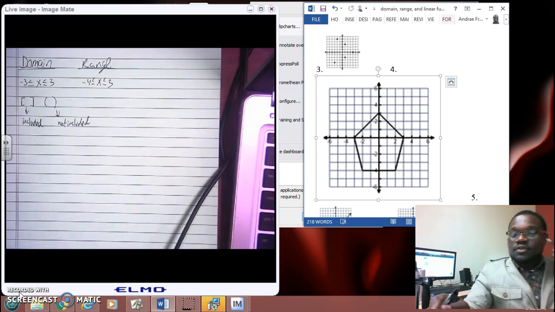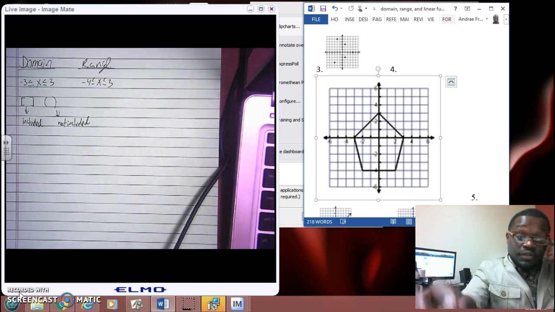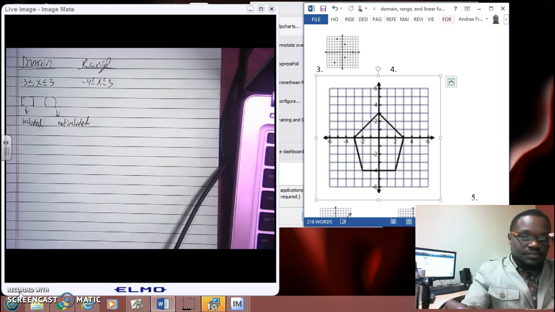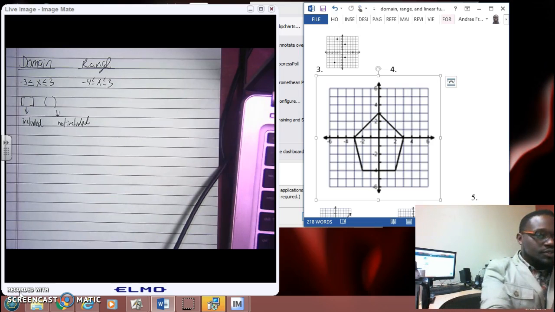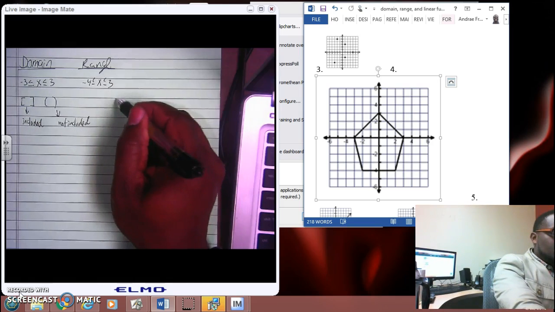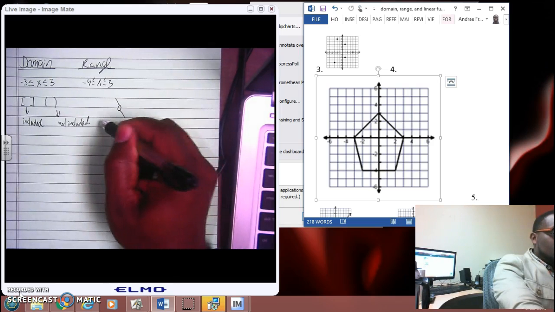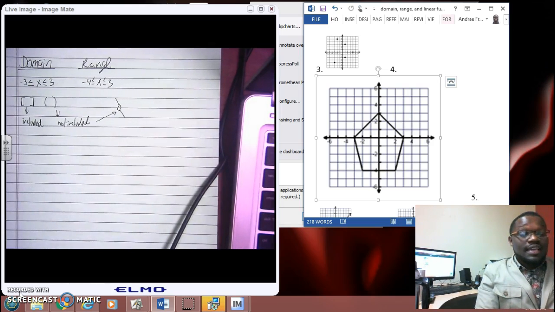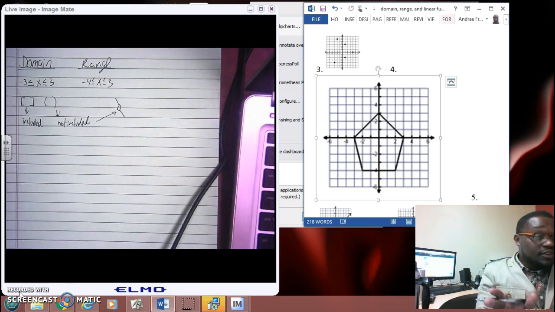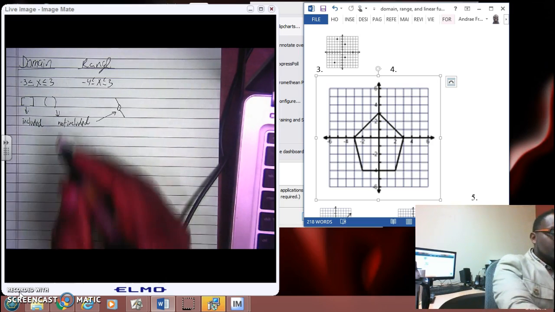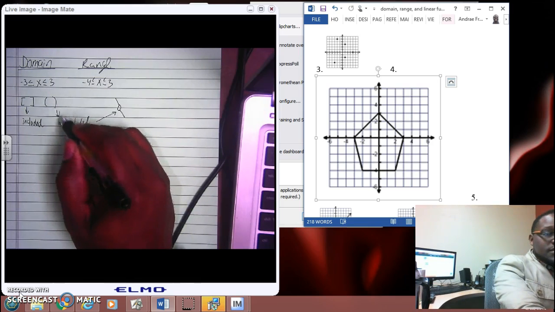Anytime you have a line going all the way through a point on the graph, then it's included. So you use brackets. Anytime you see something like this where you got an open circle, then that's not included. Lines that go on forever in a direction are infinity, but they use parentheses.